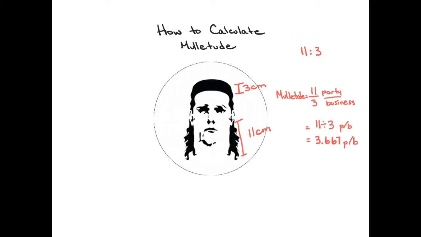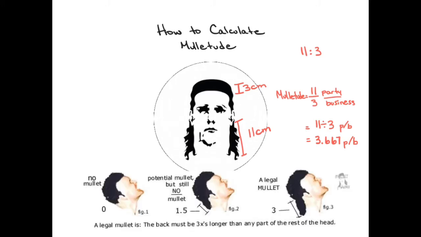And if we look once again at our diagram, if this person's definition of a legal mullet is accurate, then we can say that this example that we looked at today is a true legal mullet because its mulletude is greater than 3 party per business.